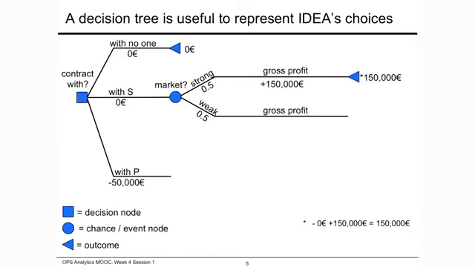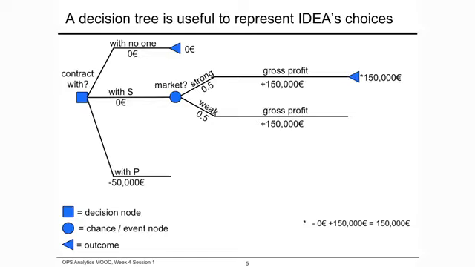Remember, if the market's weak, demand is only 5,000 units. At the same time, supplier S only supplies 5,000 units to IDEA. So again, IDEA earns €150 per tent times 5,000 tents revenue, and it pays €120 per tent times 5,000 tents unit cost to supplier S for a gross profit of €150,000.